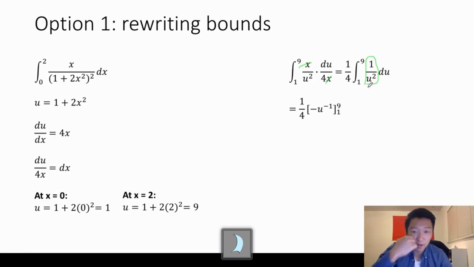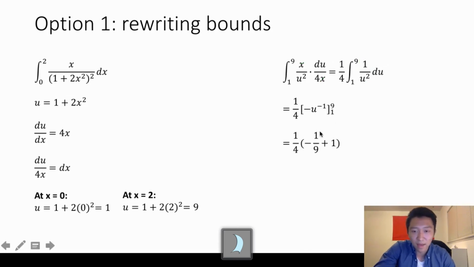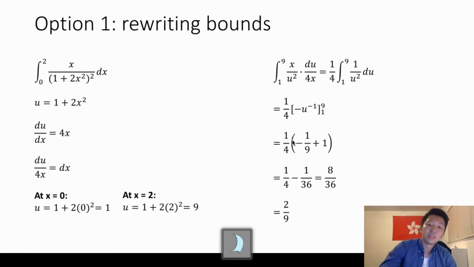When you integrate that, you get negative u to the power of -1, with the bounds 1 to 9. Then you evaluate it like any other definite integral, and you get 1/4 multiplied by (-1/9 plus 1). With some basic algebra, you get the final answer of 2/9.